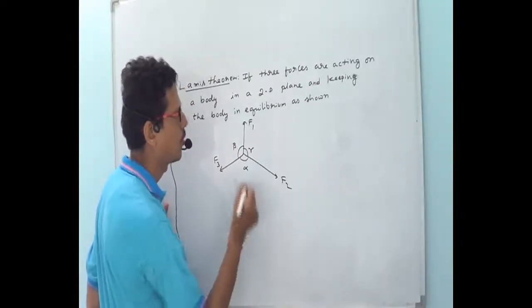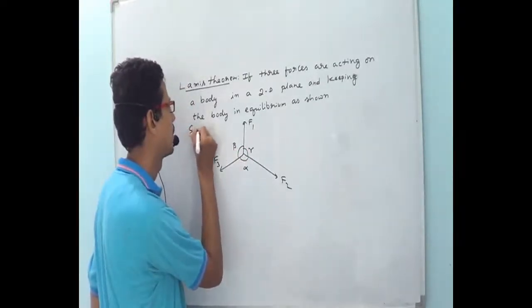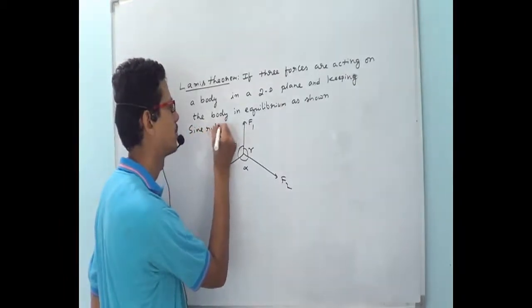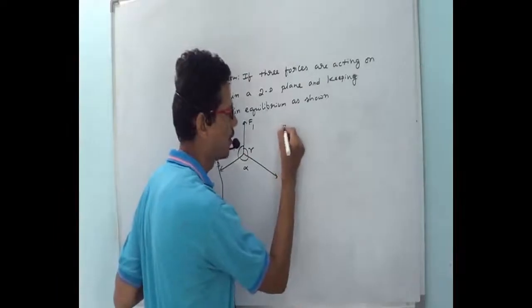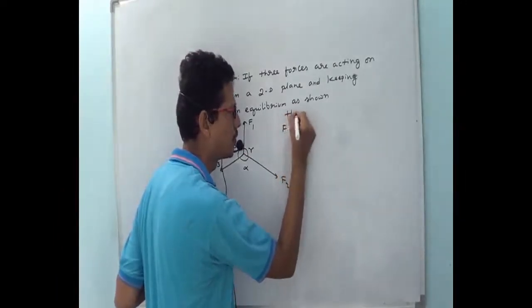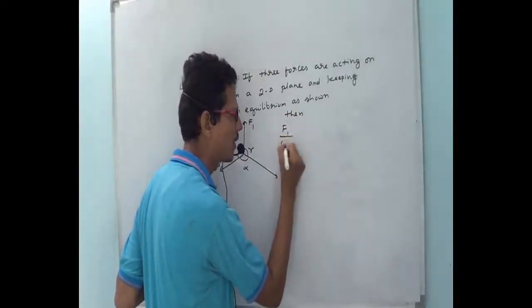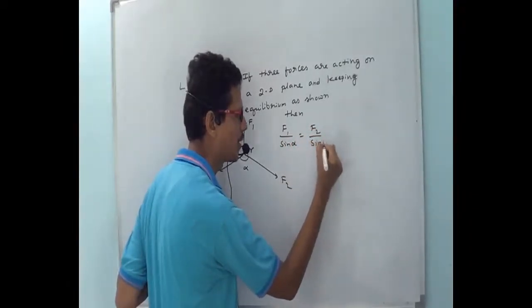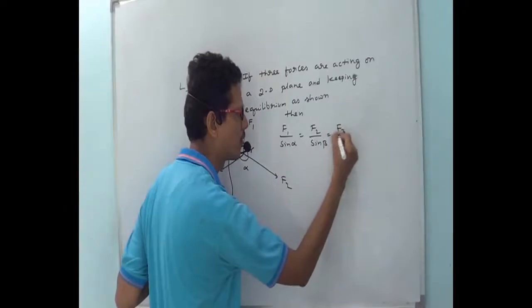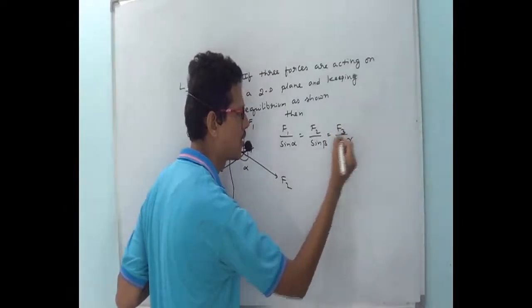Lamy's theorem is also called the sine rule. So I can write it like this: F1 by sine alpha is equal to F2 by sine beta is equal to F3 by sine gamma.